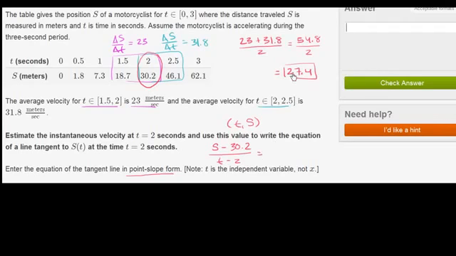This is confusing sometimes. Anywhere along that tangent line, you're going to have that slope, 27.4. And then you multiply both sides by t minus 2, and you've put it in point slope form. So this is the same thing as S minus 30.2 is equal to 27.4 times t minus 2.